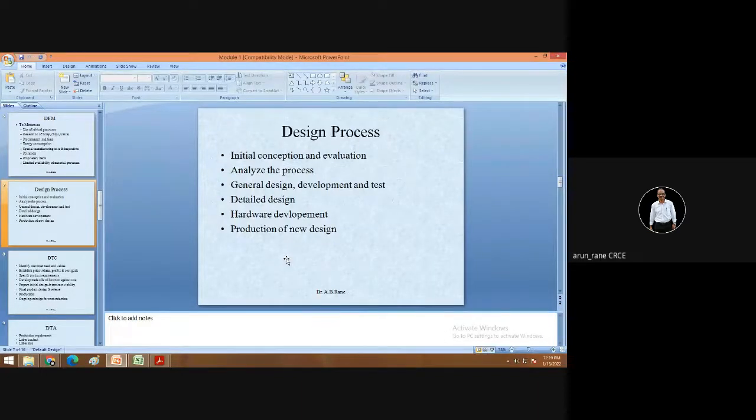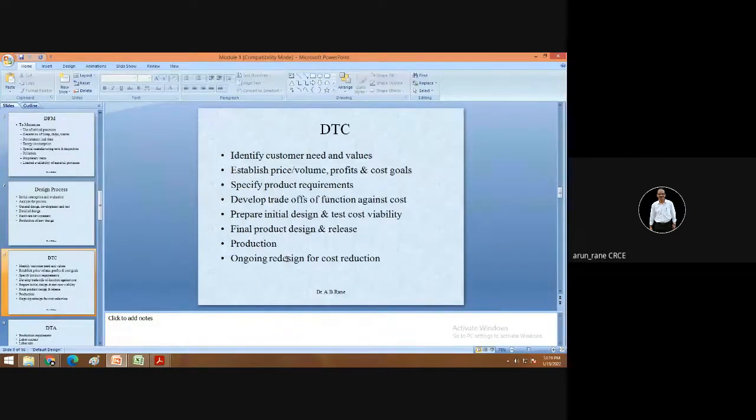Then हार्डवेयर डेवलपमेंट मतलब क्या? प्रोटोटाइप. हाँ, प्रोटोटाइप अगर आपको डेवलप करना है तो that you can design. डिजाइन टू कॉस्ट, मतलब whatever design you do that should be cost effective. But not at the price of customer needs and values.